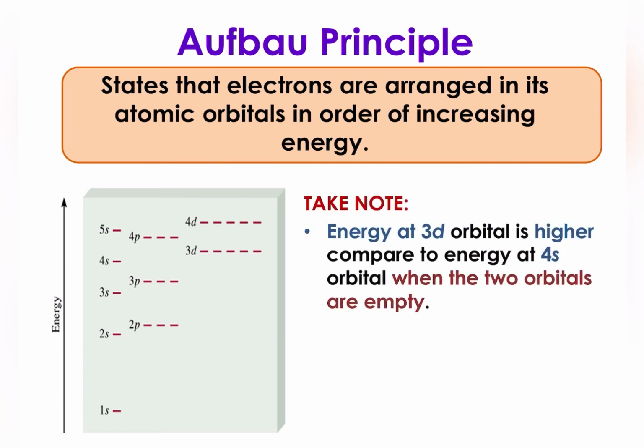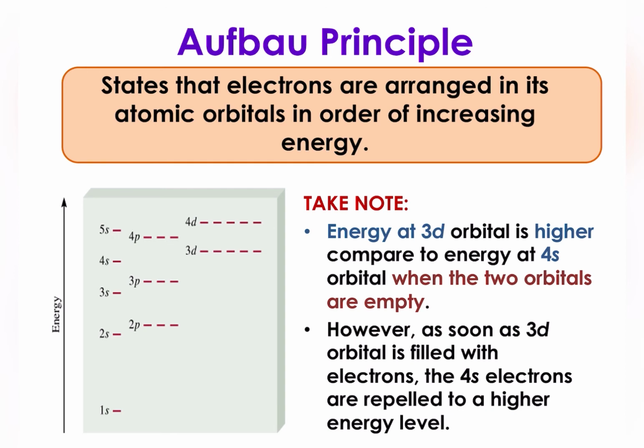You have to take note, energy at 3d orbital is higher compared to energy at 4s orbital. Although n for s orbital is 4 and n for 3d is 3, 3d is higher than 4s when the orbital is empty. So as you see here, I use orbital diagram. In this line there is no electron. So that is why, when there are no electrons in 4s and 3d, 3d is higher.